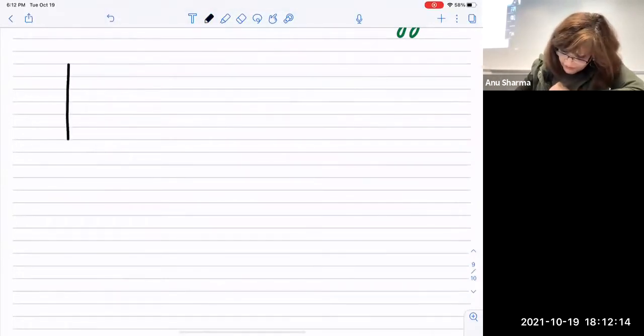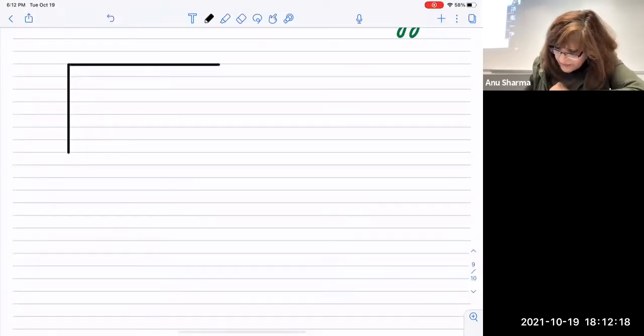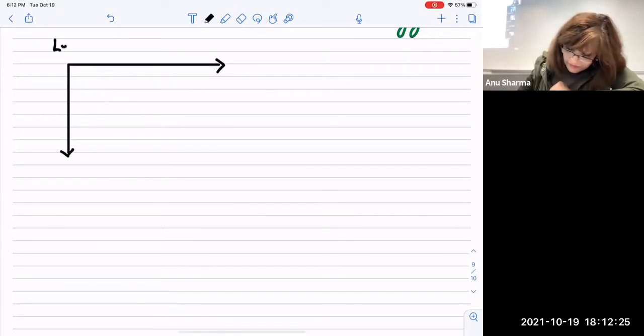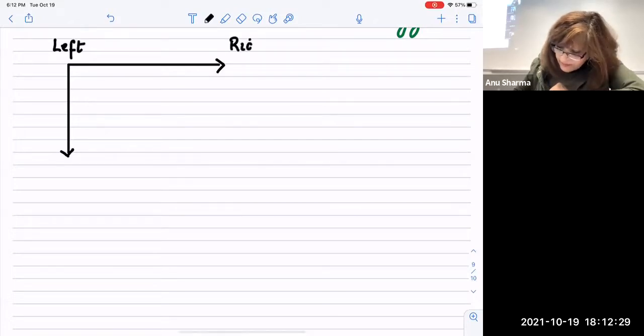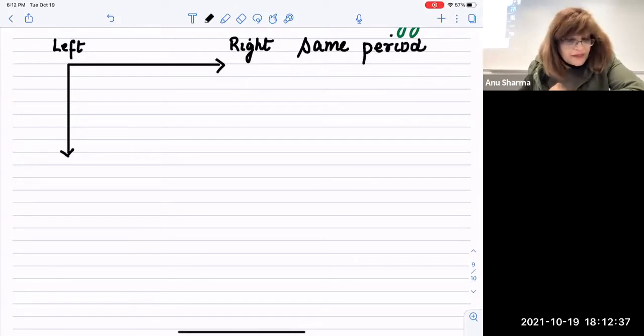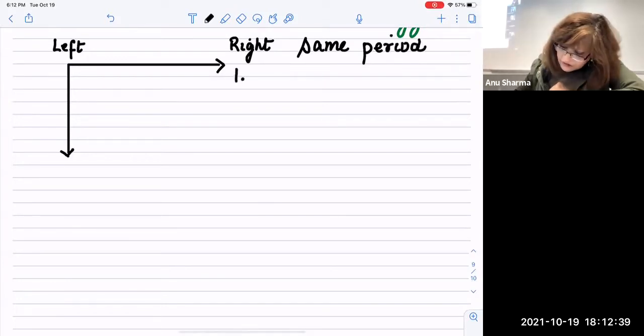Here is the trend. And the trend is that when you go from left to right in the same period, the ionization energy increases.